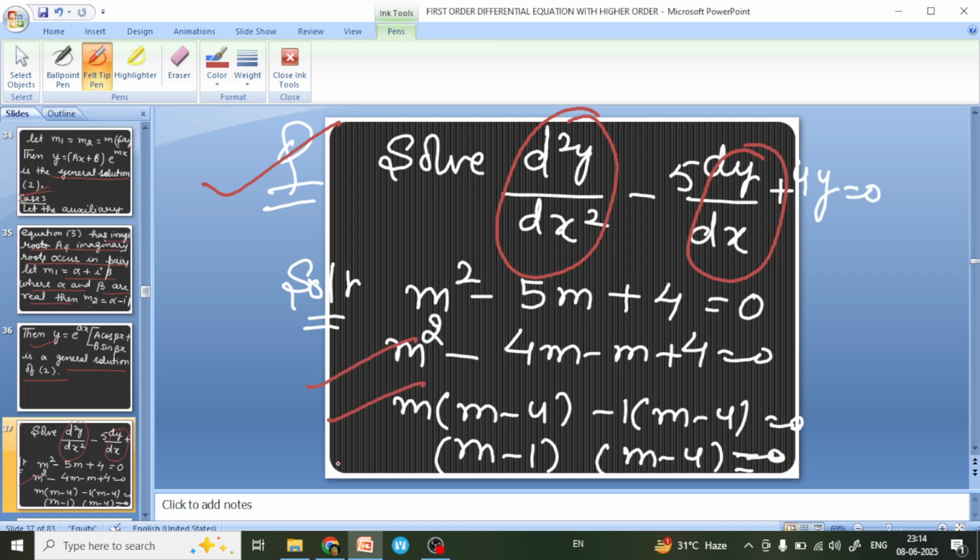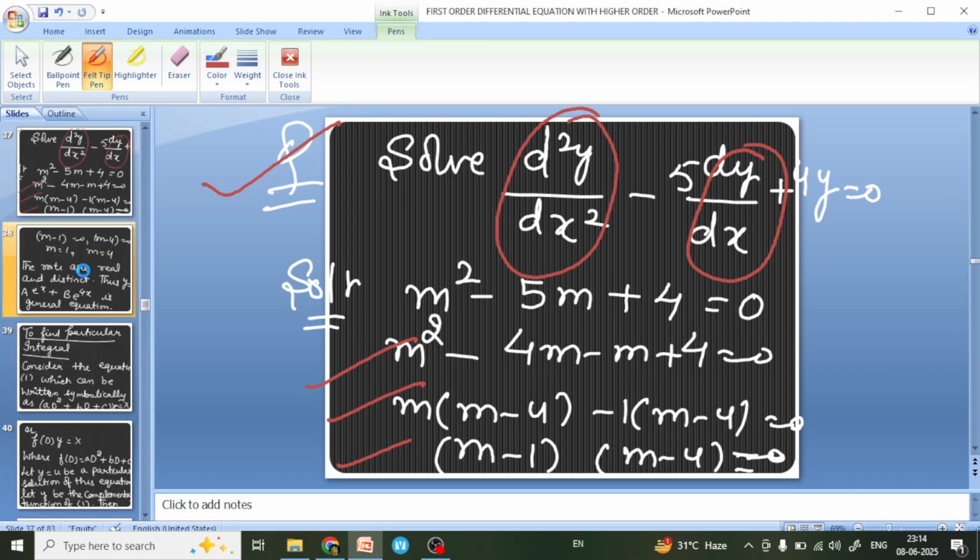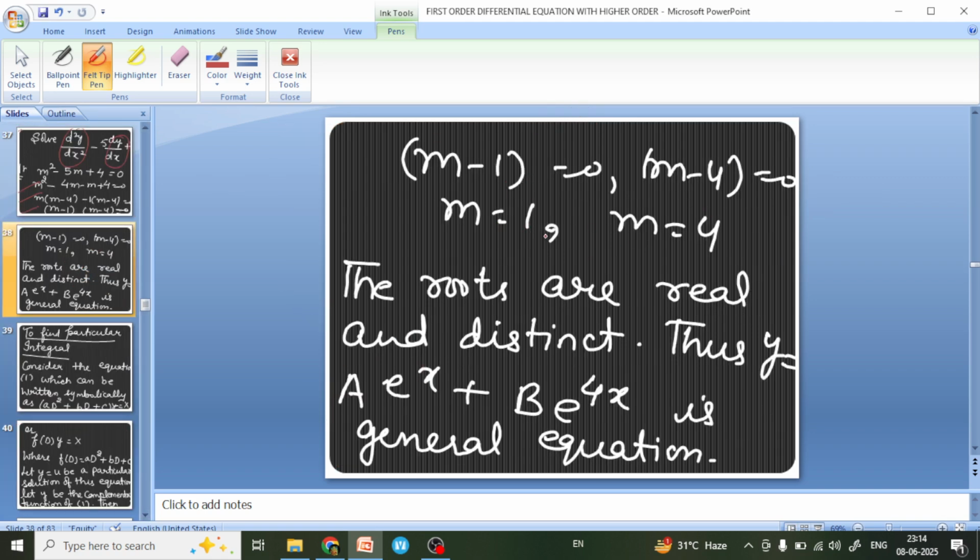Then we solve this equation by the factorization method and find m1 equal to 1 and m2 equal to 4, both roots real and distinct. So according to case 1, the general solution is a e raised to power x plus b e raised to power 4x.